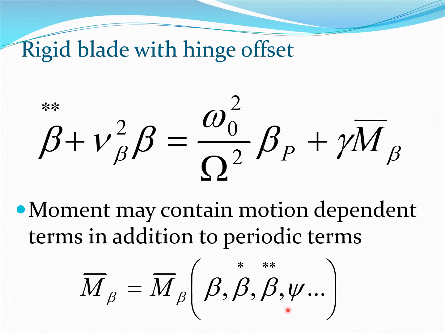Psi is the time here, and these betas are all motion dependent. Now this is a peculiar characteristic of rotor type systems, helicopter systems, and to some extent even aircraft systems, that you get motion dependent forces, and these make your life much more interesting as well as complicated.